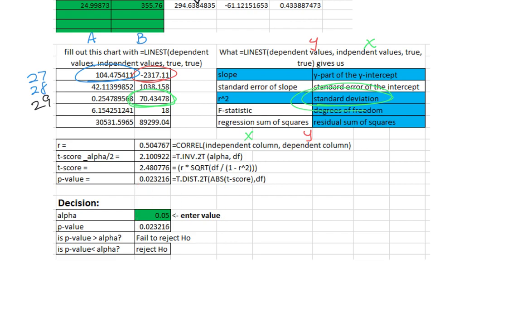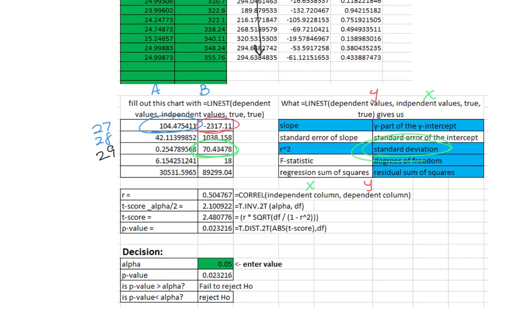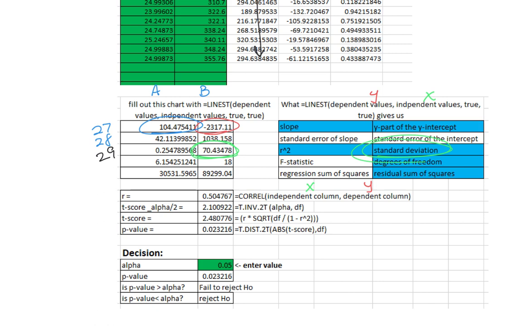And you're like, how am I supposed to do that? Well, degrees of freedom is going to be equal to, so what I'll do here is I'll do a COUNT, and then I'm going to go grab either my X column or my Y column. I'm going to do that, and then I'm going to do -2.